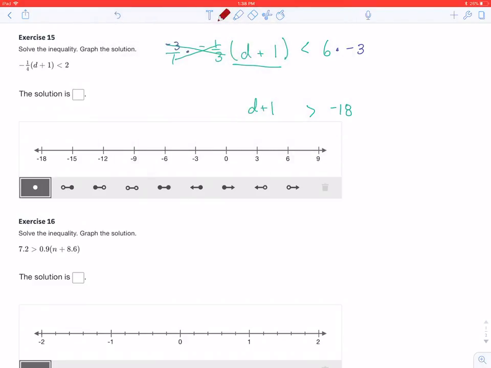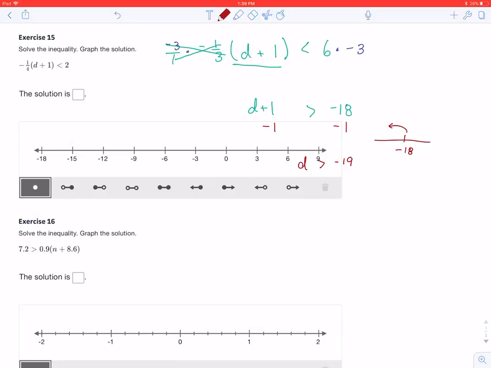Lastly, to solve for d, we need to subtract 1 from both sides. That leaves us with d is greater than negative 18 minus 1, so not plus 1. If I'm at negative 18 on the number line and I subtract 1, I'm moving to the left, which gives me negative 19.